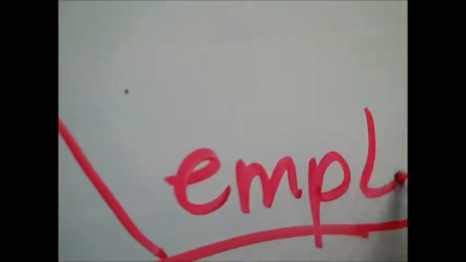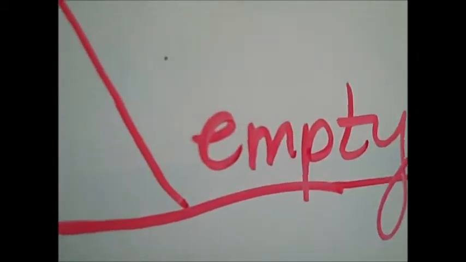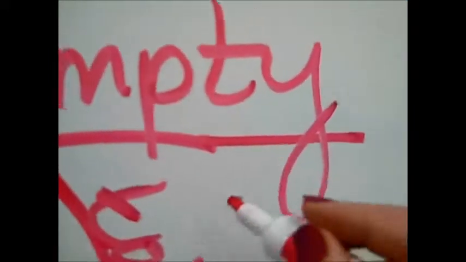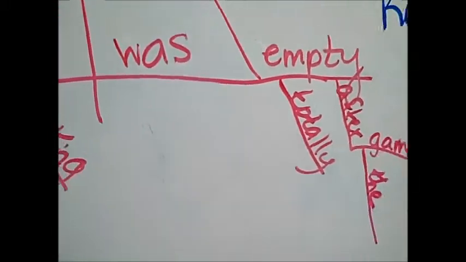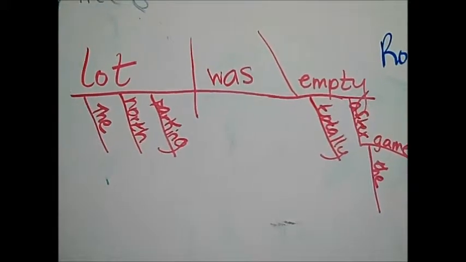Predicate adjective is empty. Now, totally is an adverb telling more about empty. How empty? And then also, when was it empty? We have a prepositional phrase here, so do your L-shape. When was it empty? After the game. Here is the complete sentence, how it should look, and that is number 9.